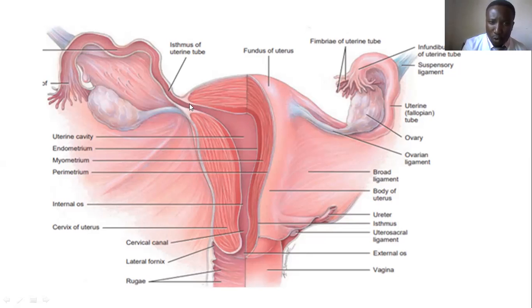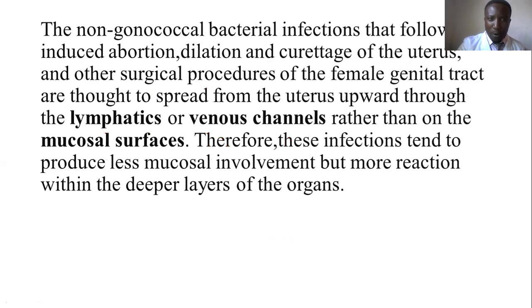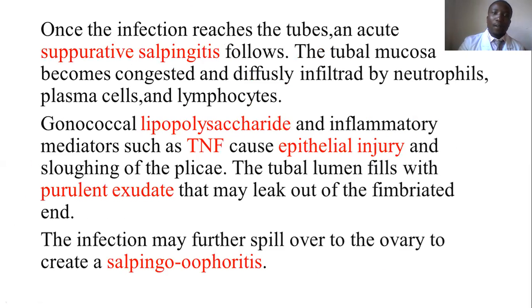So when you mention the mucosa, those are the mucosal epithelial linings of this tube. So the tubal mucosa becomes congested and is diffusely infiltrated by neutrophils, plasma cells, and lymphocytes.